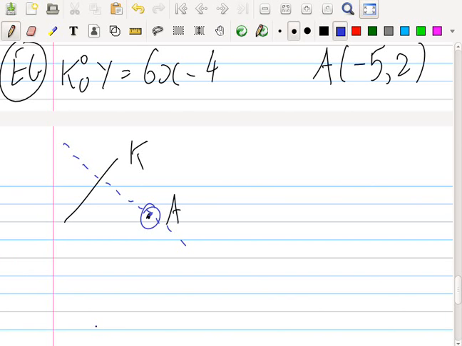I think I used the same numbers as 2A. Right, so L is perpendicular to K, and it contains the point A. I want you to find this line.